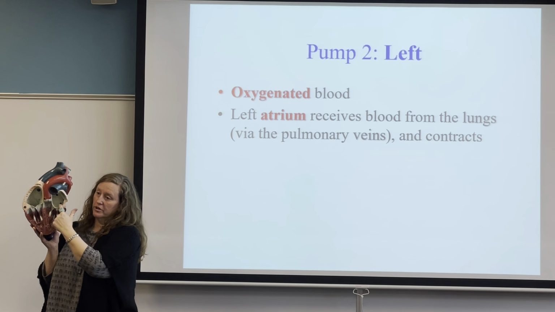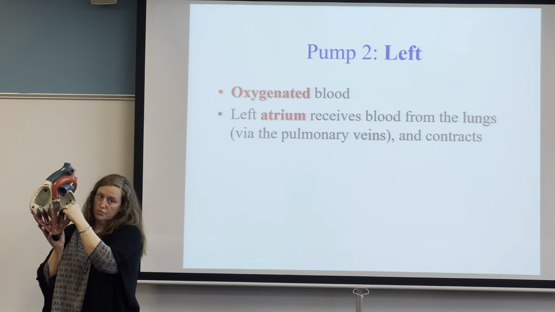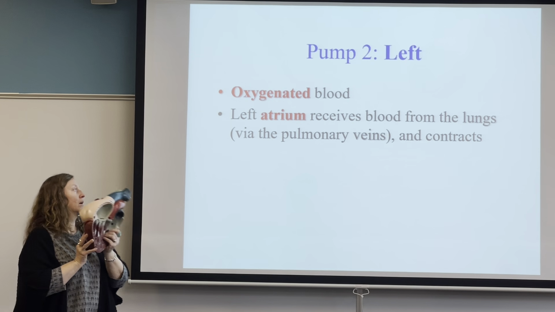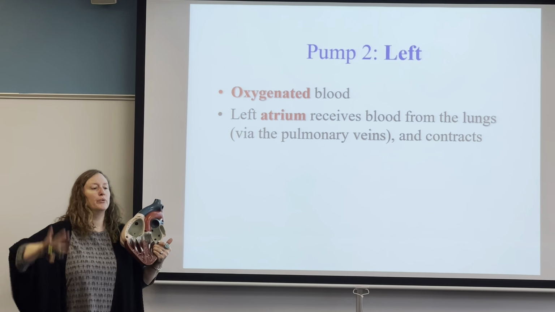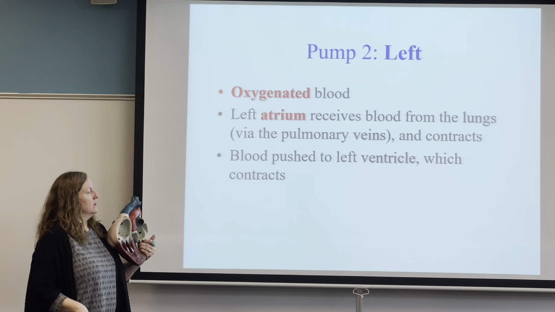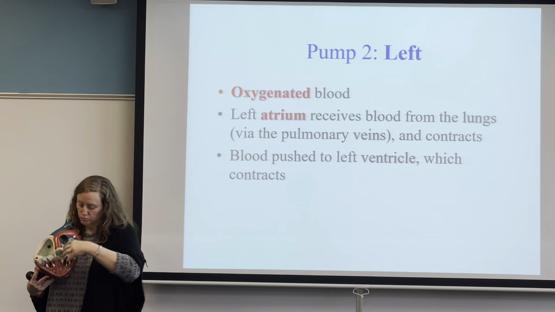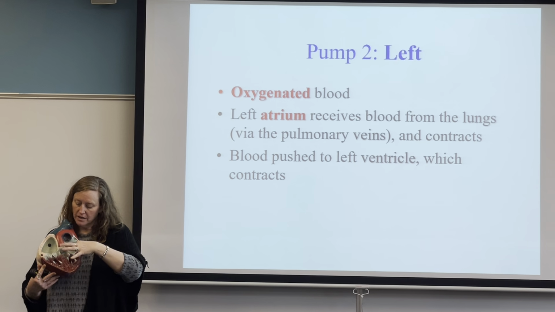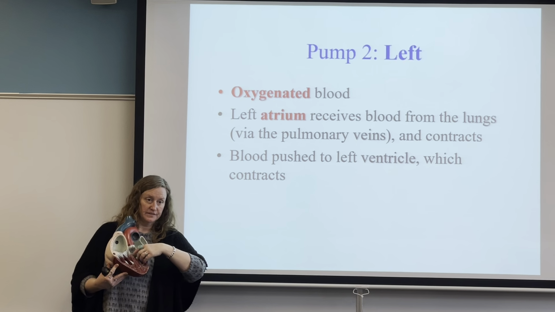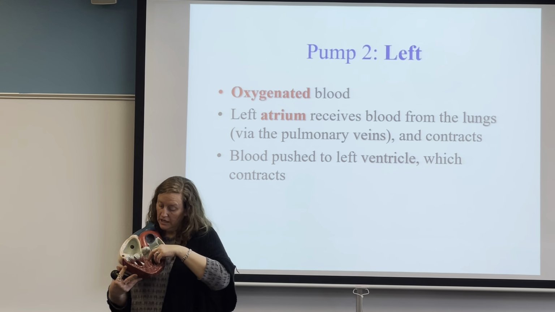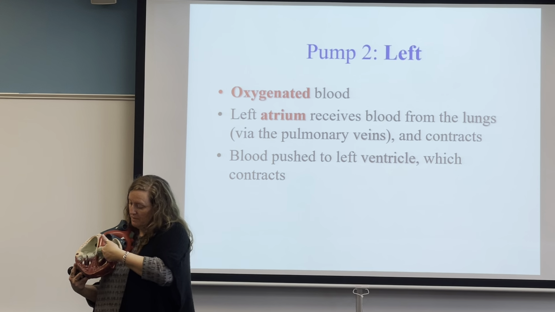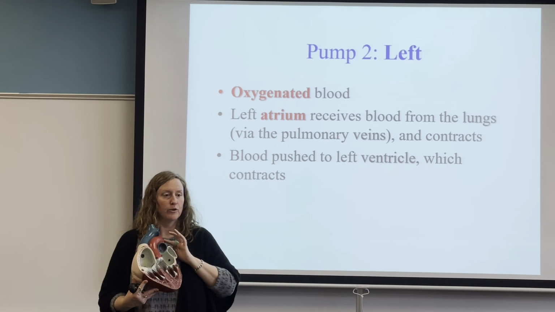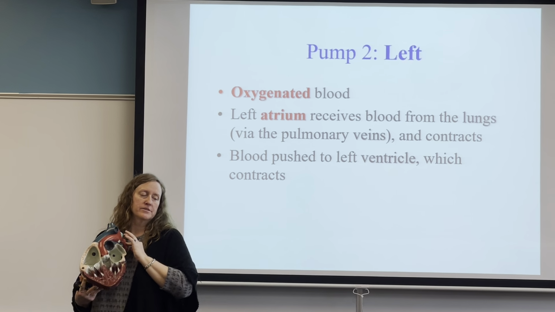The AV valves are going to contract, push blood down. Valves always push down, keep the blood flowing in the correct direction. Goes to the ventricle. The left ventricle is going to contract, and then it's going to send blood through the semilunar valves of the aortic arch. So the aorta has two big parts.